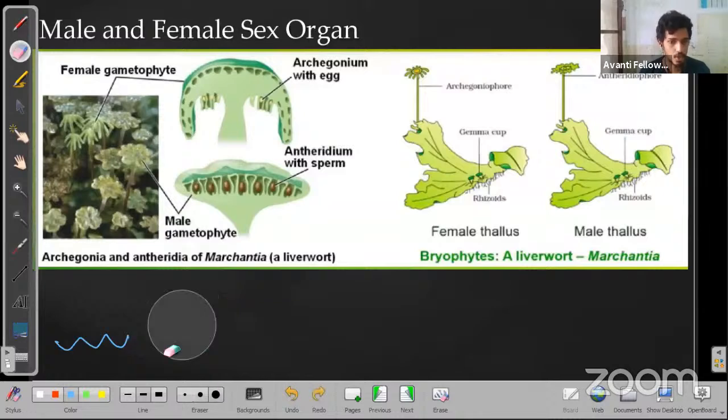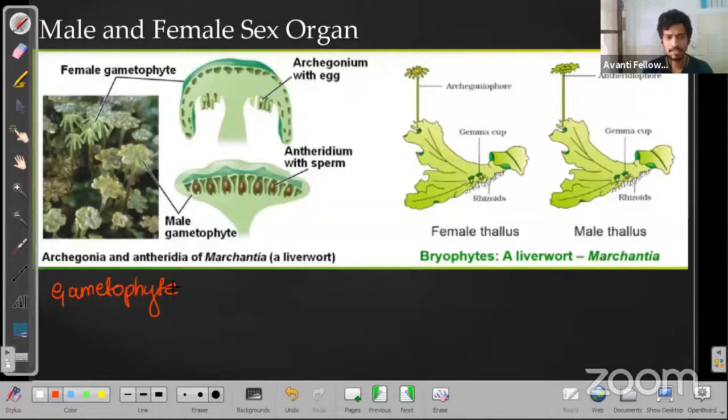We will also learn about their reproductive structures. Their male and female are different, and we will see where exactly. Here the gametophyte is dominant. Gametophyte dominant means the gametophyte has which kind of chromosome system? Is it diploid or haploid? Correct, Lipika. It is haploid.